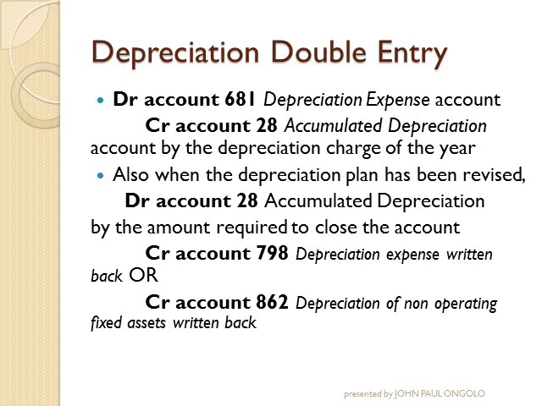But when the depreciation plan is revised, we close the account 28 accumulated depreciation by debiting that account, and we credit either account 798 depreciation expense written back or account 862 depreciation of non-operating fixed asset written back. So that's that with depreciation. We are going to progress by looking at impairment of fixed assets.